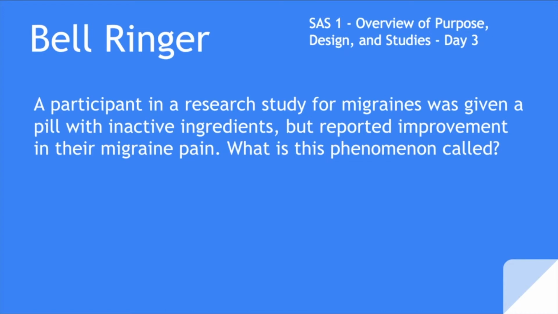When the people in that control group, that's what it's called, are given that placebo and they report improvement, that's called the placebo effect. That's when they psychologically believe they're improving simply because they believe they're being treated by a new medicine. And that's what that is, okay? So I think it's in there. Let's see. Yeah, psychological or a placebo effect. That's right. The placebo effect is actually a psychological effect, so it's in the mind.